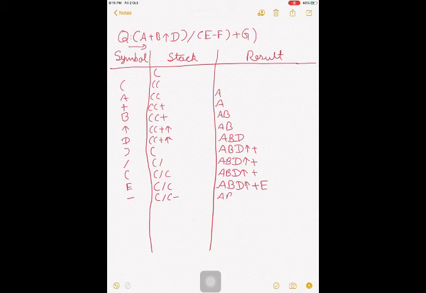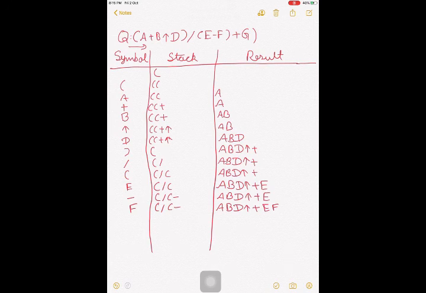The result is the same, ABD power plus E. Then we get F. F is an operand, so it will move to the result directly. So we are left with ABD power plus EF.